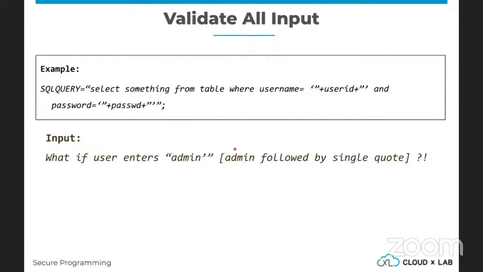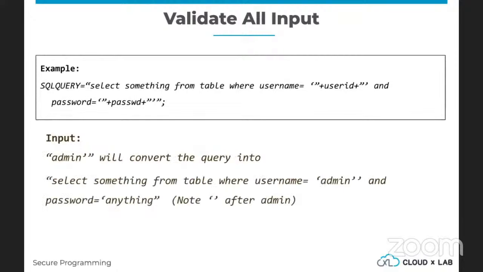So if a user enters a single quote here, it will cause a SQL error, right? This query will become select something from the table where username equals single quote admin, then the single quote twice, right?